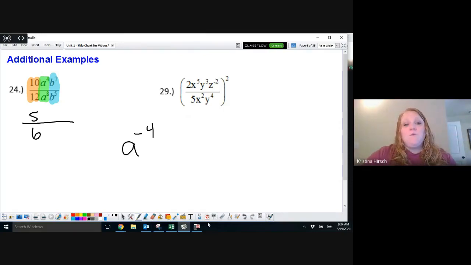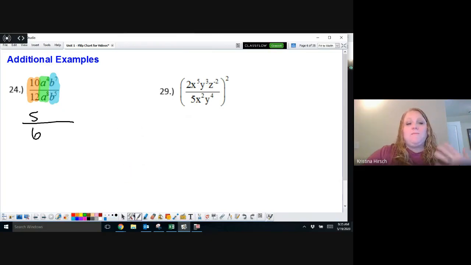So this is where I talk about top heavy versus bottom heavy. We're still going to subtract our exponents, but instead of subtracting and having a negative up top and then having to flip it, I think about how this is bottom heavy. So instead of saying 4 minus 8, I'm going to say 8 minus 4.